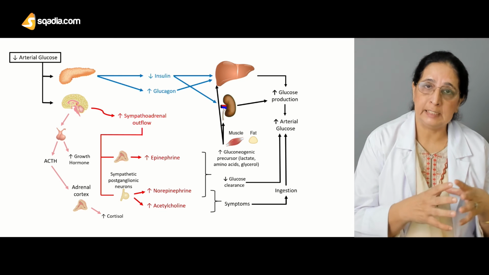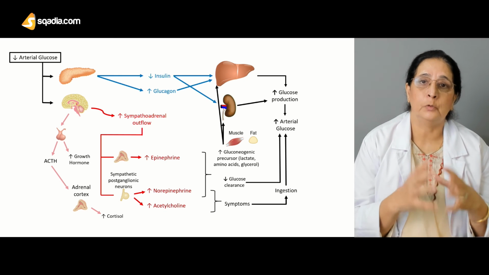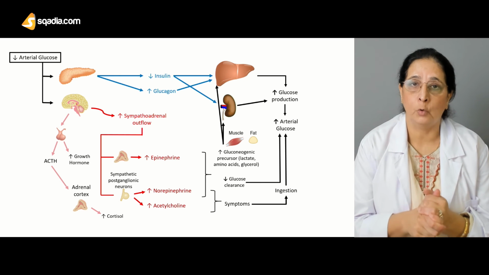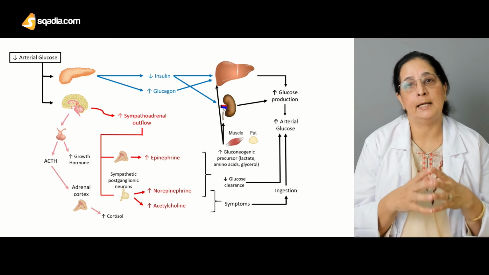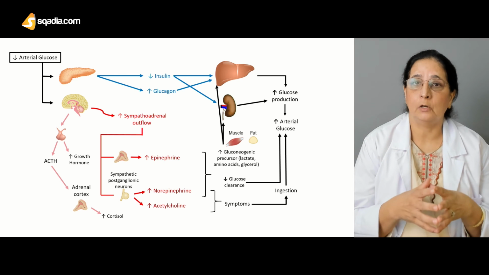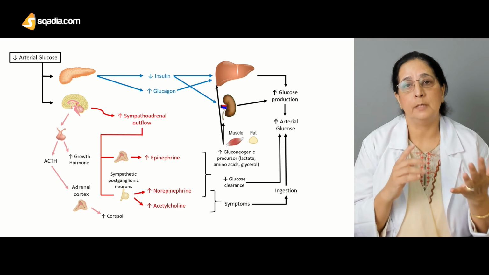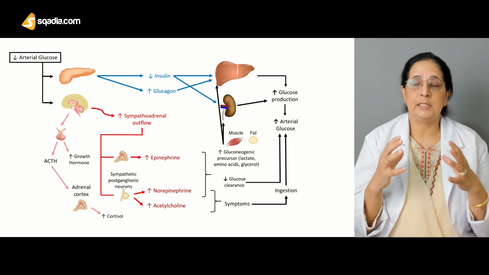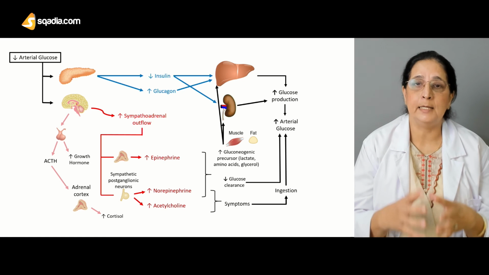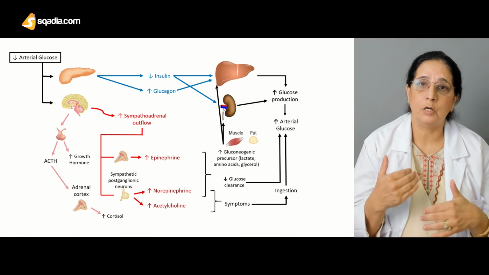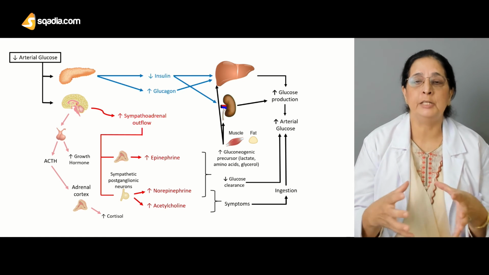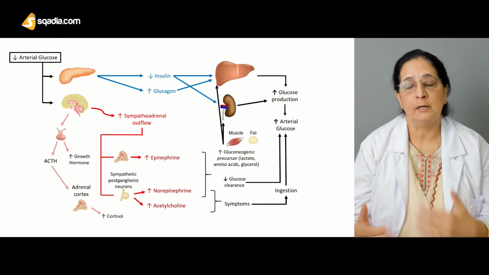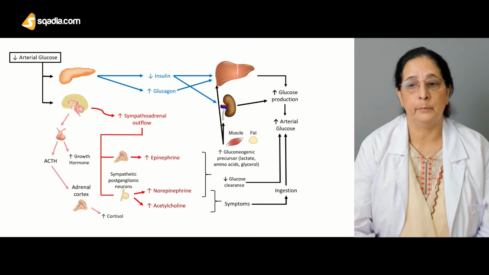Brain, by pituitary gland, ACTH production, growth hormone production, and also by sympathoadrenal outflow, which affects the adrenal gland and the postganglionic neurons, ultimately causes production of epinephrine, norepinephrine, and acetylcholine. So this is the pathophysiology or mechanism by which our body responds to hypoglycemia and tries to bring the blood glucose level back to normal so we can avoid the consequences of hypoglycemia.